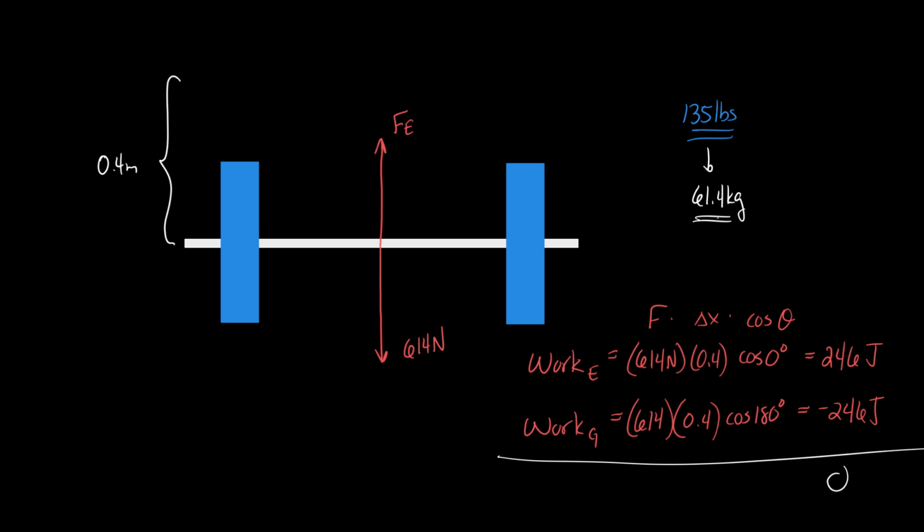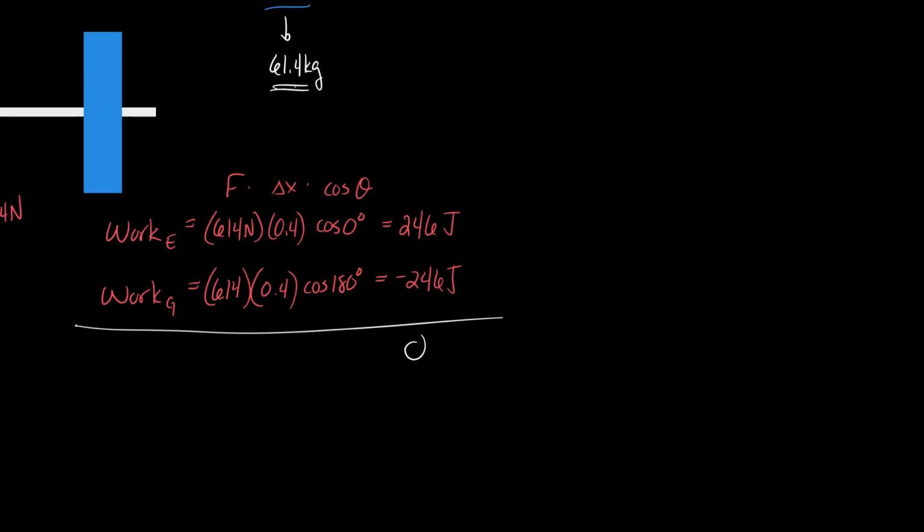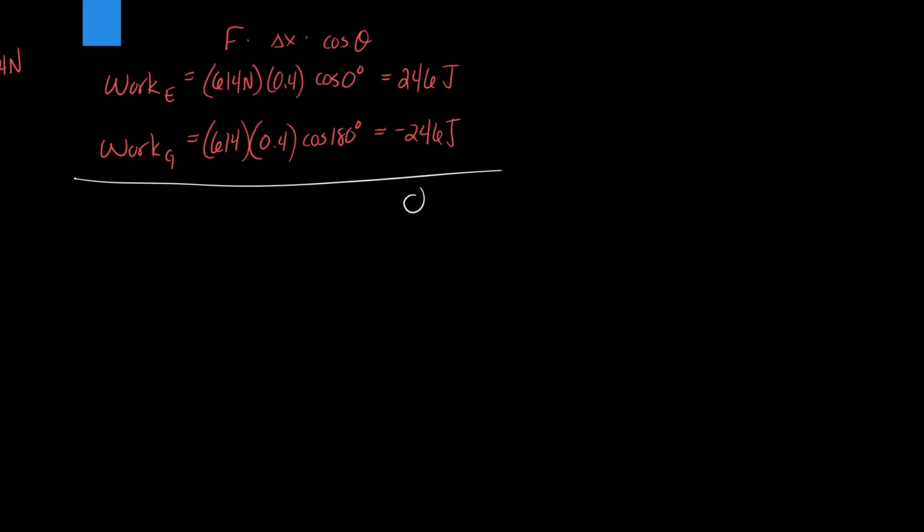Now, one more thing. This is just for funsies because we have a minute left. There are 4.19 joules in every one calorie. Oh, don't put your stuff away. Aaron did 246 joules of work. How many calories was that?